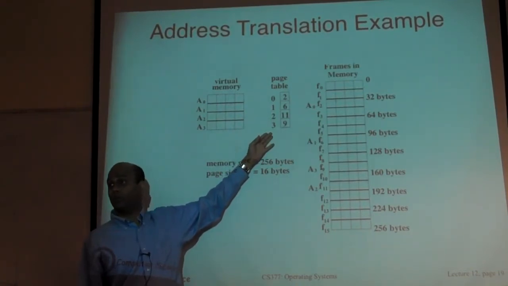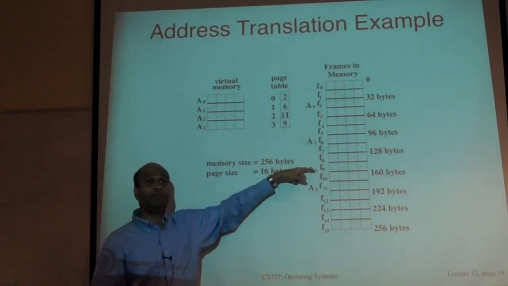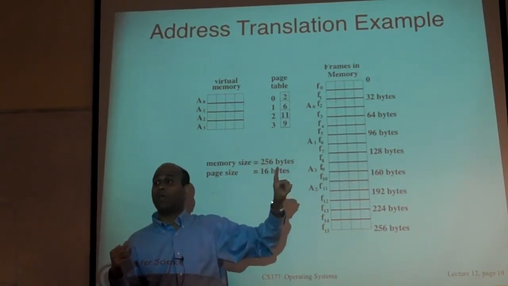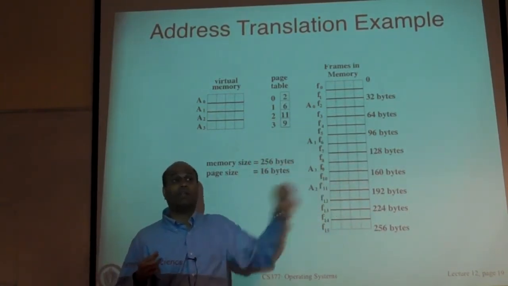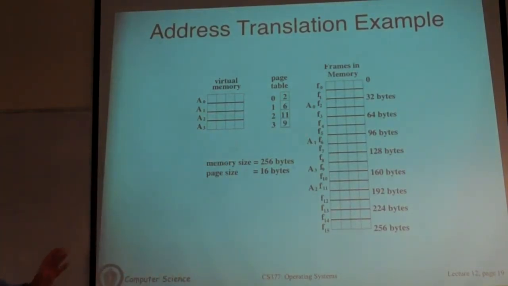Where is the page table? In memory. That's one memory access just to do the translation. Then you find the page table entry and say, now go find X and load it. So every memory access has become two memory accesses: first to index the page table and then to index the actual memory region. So any assembly instruction that has a memory operand has slowed down by a factor of 2. Big performance hit.